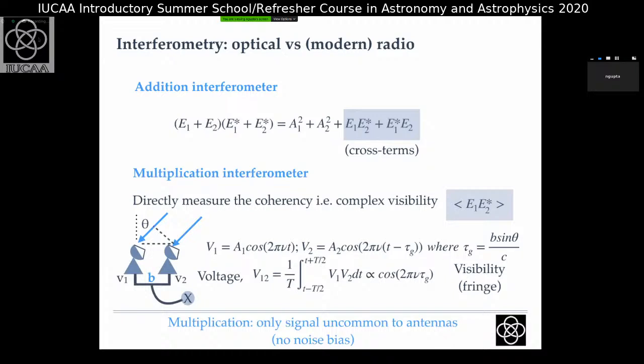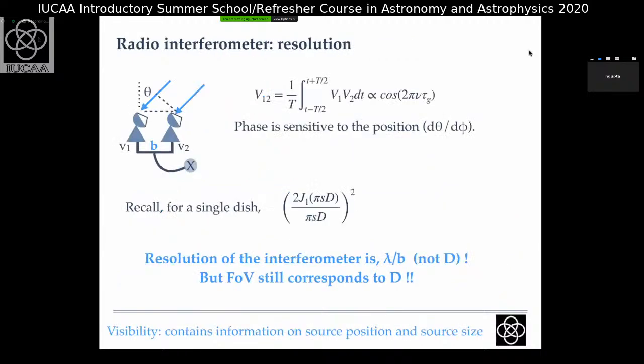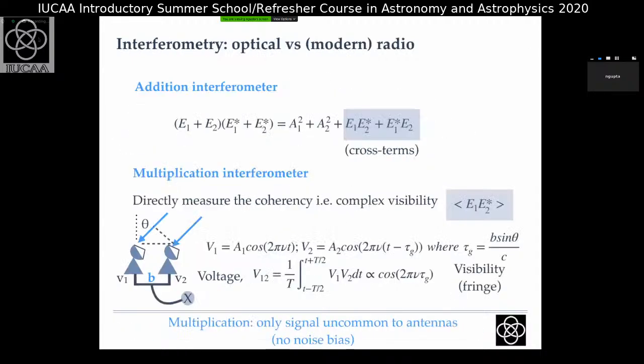This is nothing but a geometric delay, and you can work out that this geometric delay is B sine theta over c. If I take the product of these voltages and integrate over a certain time, I get cos 2 pi nu tau g. So this is my visibility, or the fringe, right?